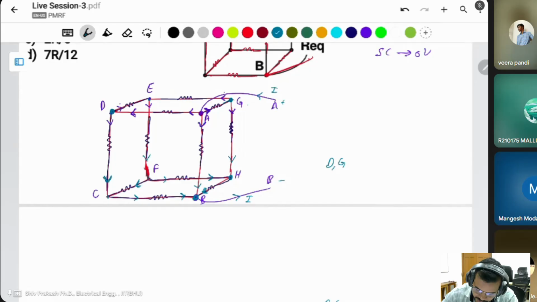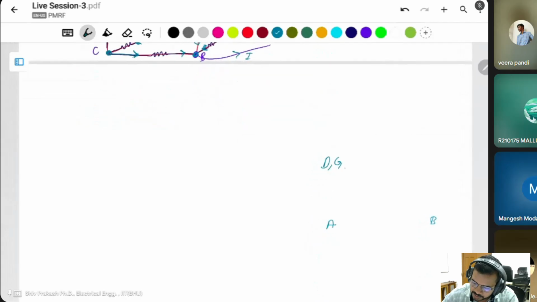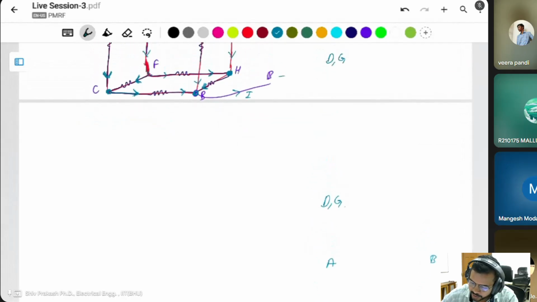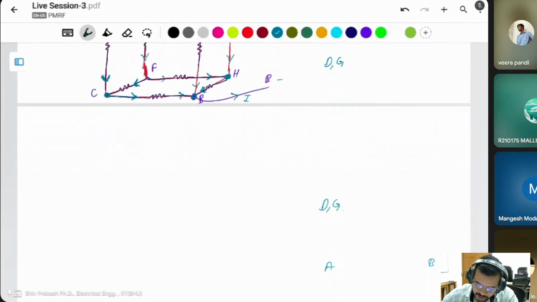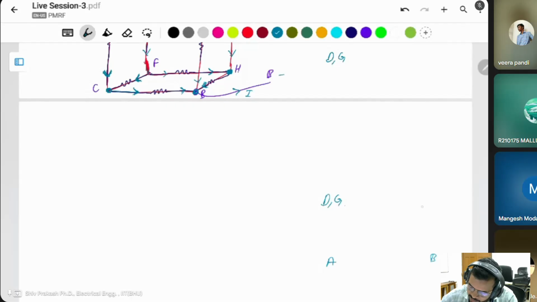Same thing, incoming is two parts, outgoing is single. That's why C and H have the same potential. D and G have a positive side. Same thing, C and H have a negative side, it means the B side.